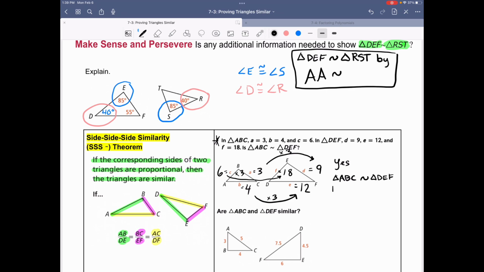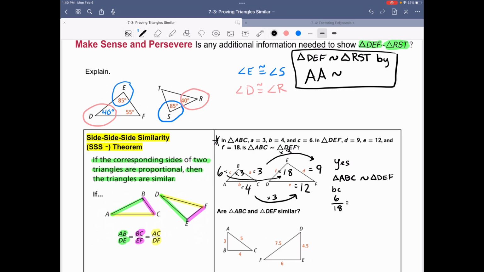And that is because, and we'll just show this as that proportion. AB, which is 3, corresponds to 9 by a factor of 3.